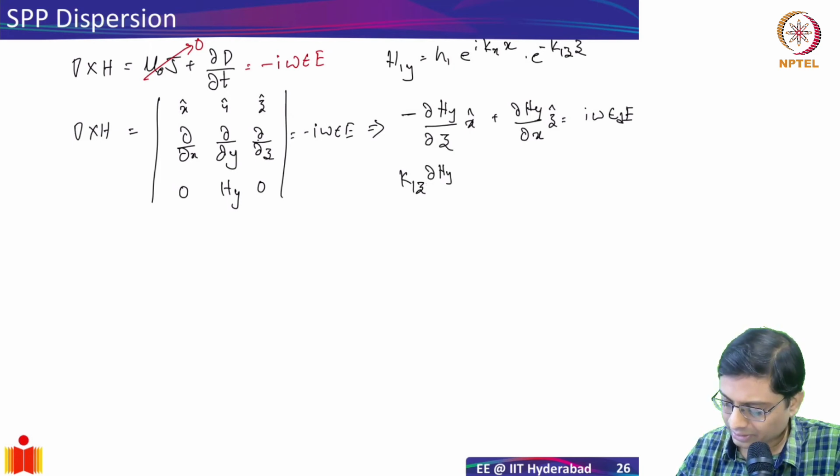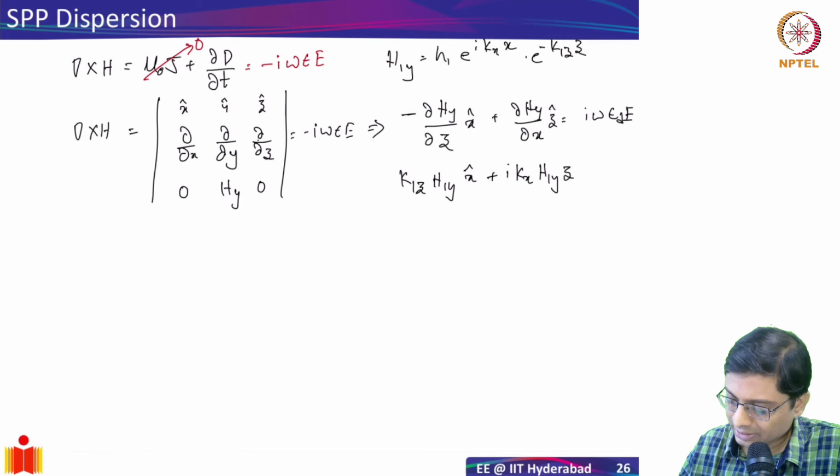Sorry, that's not required. I'm taking only the z derivative, so I'll simply call it k1z h1y x cap. And then the x derivative is again plus, so plus ikx h1y z cap, that should be equal to i omega epsilon d E1.